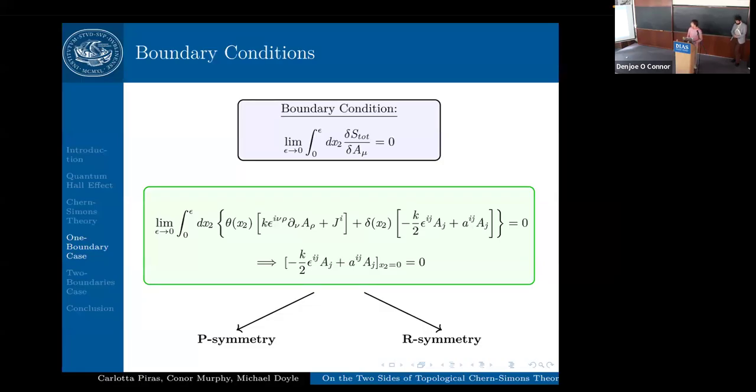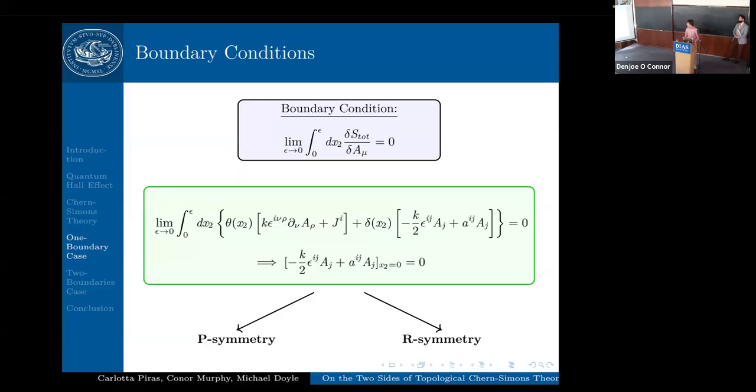And now we arrive at our boundary conditions. What we're going to do here is take our equations of motion, which we obtained through the variational principle before, and integrate these over x2 from 0 to epsilon, taking the limit that epsilon goes to 0.